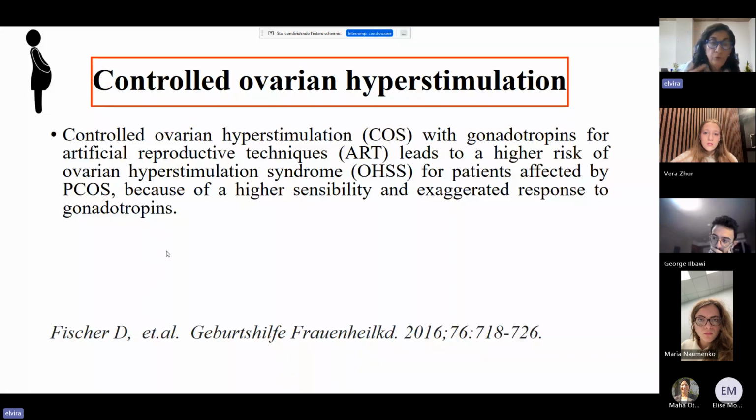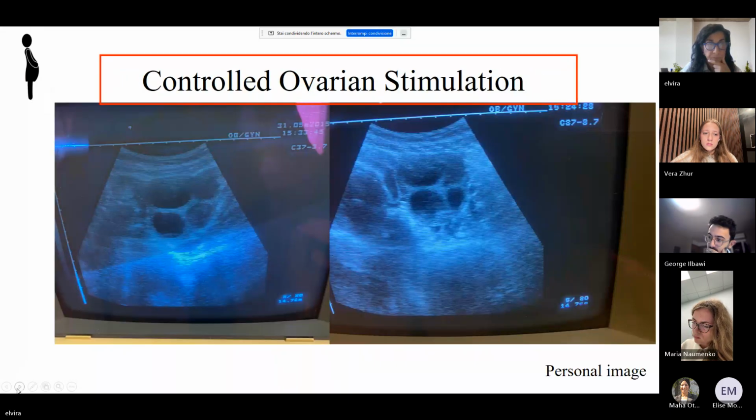On the other hand, women with polycystic ovary syndrome have a higher risk to develop, during the ovulation induction, the ovarian hyperstimulation syndrome. And this means that when these women with COS develop the OHSS, the risk dramatically increases. This is my personal image from women.